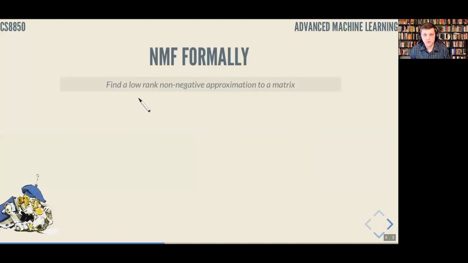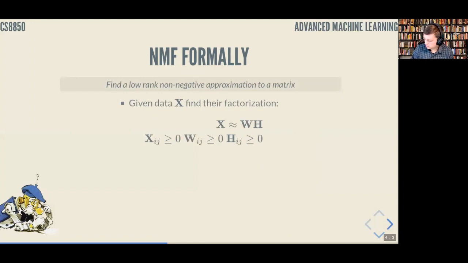We want only a few facial features and their different weight coefficients. So, this dimension of W and H that gets multiplied is R, and R is small. That's what low rank means.